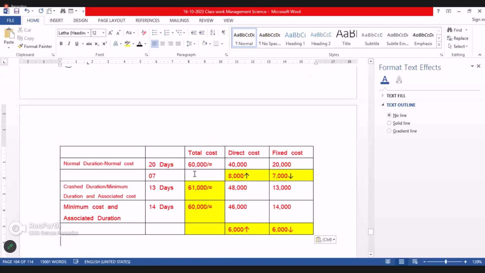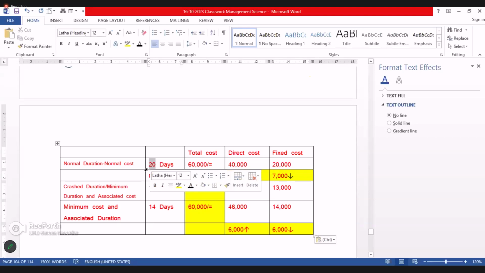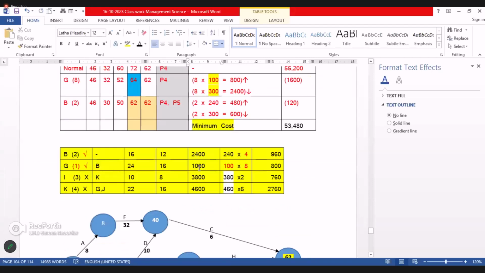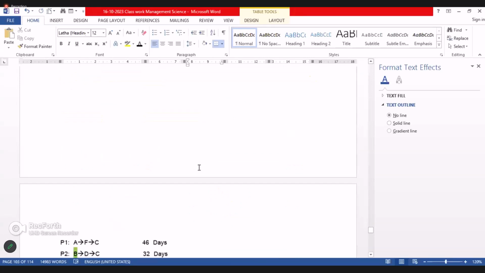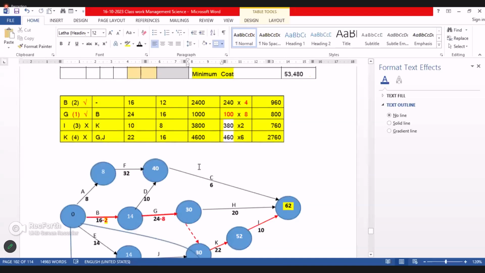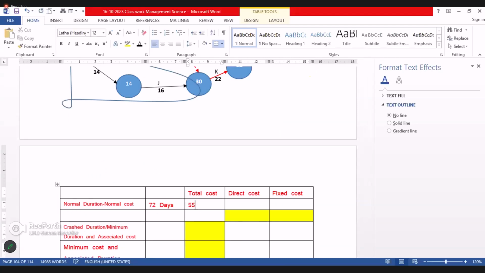Okay, what is the project duration? Normal duration 72 days. What is the cost? Total cost is how much? 55,200.